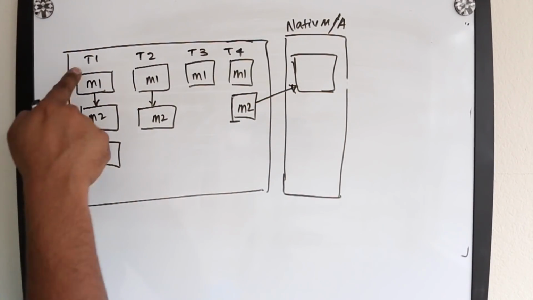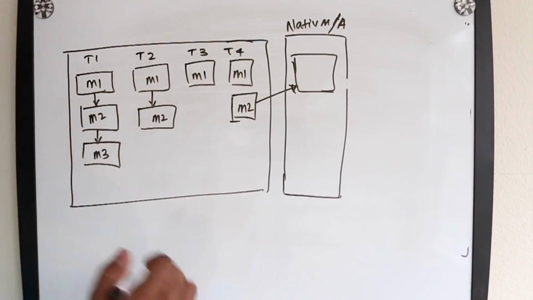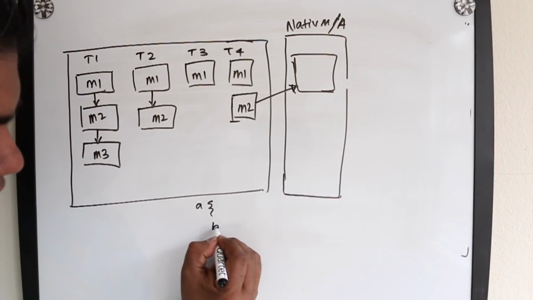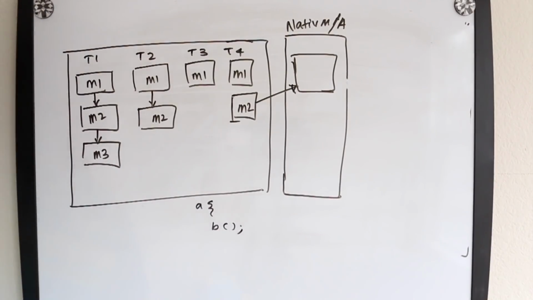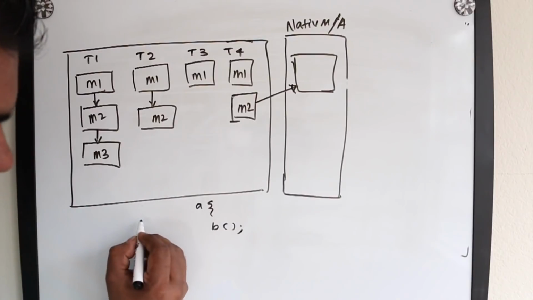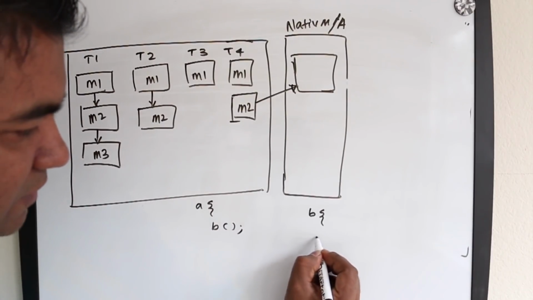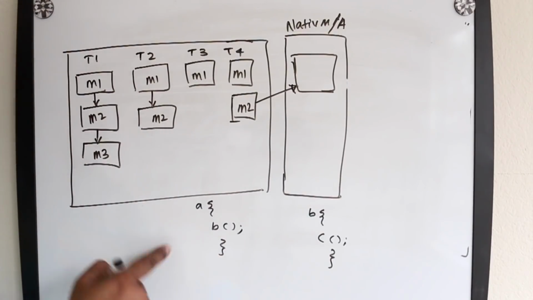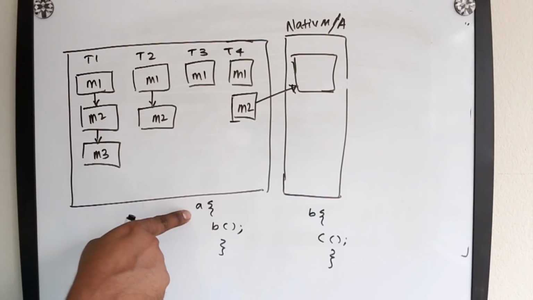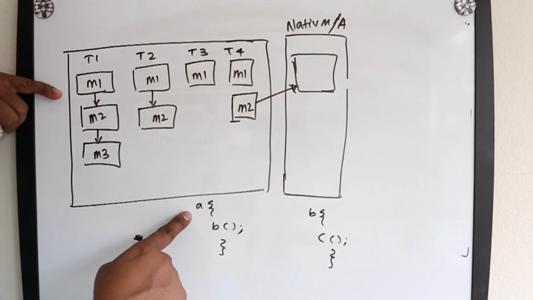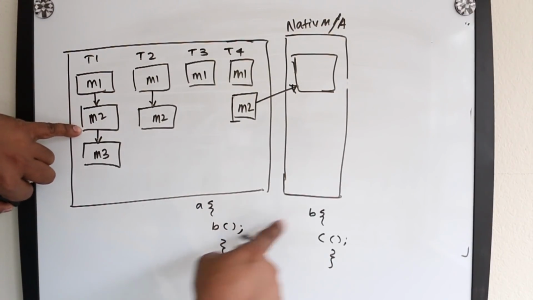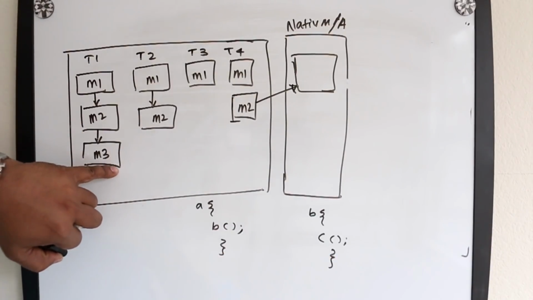Okay, if you don't understand this, just assume a scenario. You have a method A, from that you call method B, and from B you call method C. Now when the thread enters method A, it will create a first frame, and from there you go to method B, it will create a second frame, and from B it will call method C, it will create a third frame.